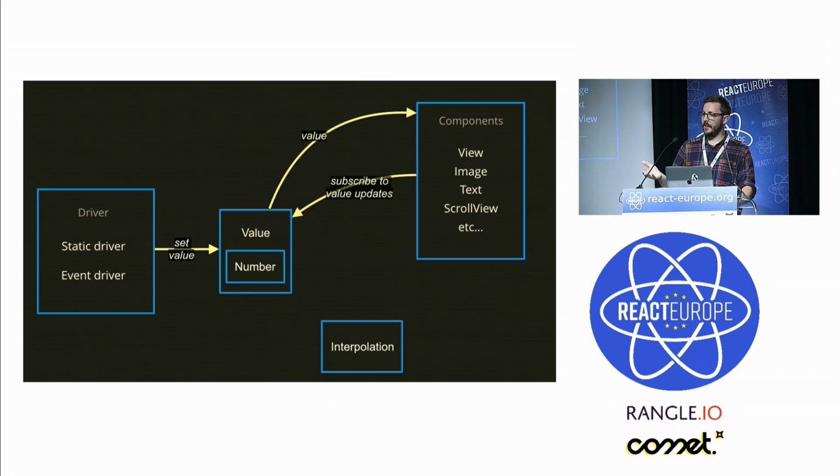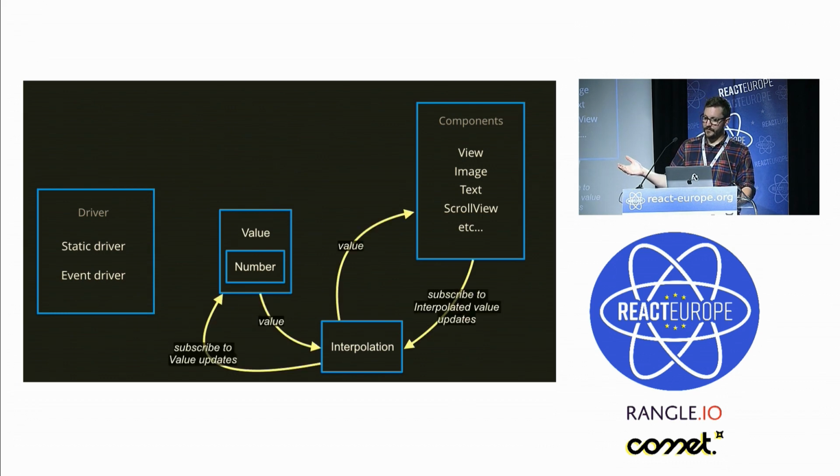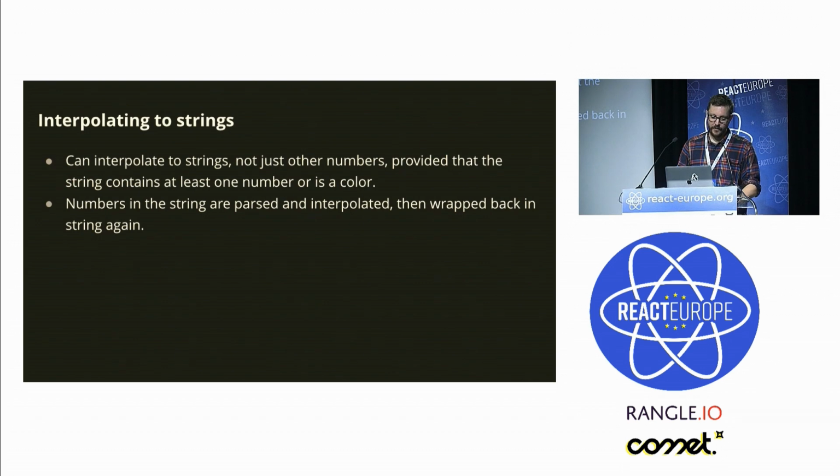Rather than using interpolate, you just bound the value directly to a property on the view. As we saw as well, you interpolate a value from the animated value and then bind the interpolation to the view. It's a very similar flow, except rather than the value directly updating, the component subscribes to that interpolated value. So the flow looks more like this: it starts on the driver, goes to the value, the interpolation updates, and then the interpolation updates all the subscribers.